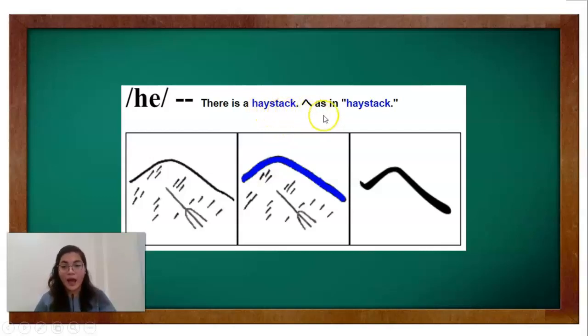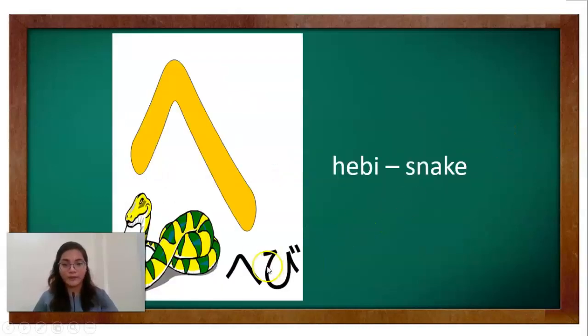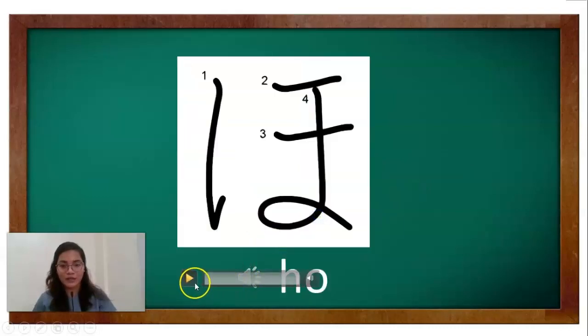So, he as in haystack. Here's an example word: Hebi. Hebi means snake.